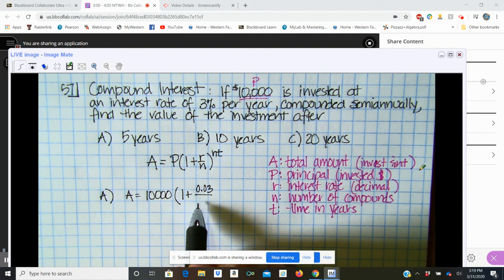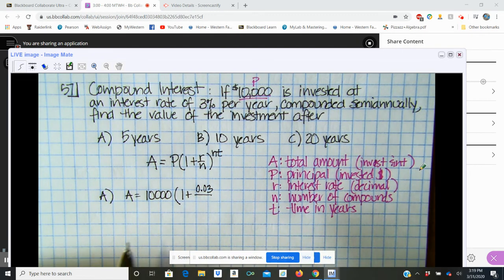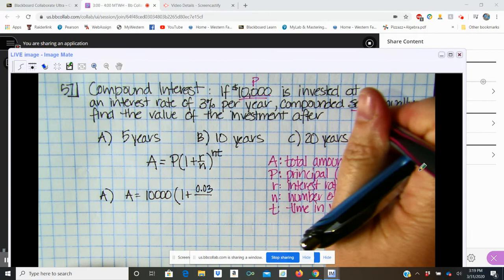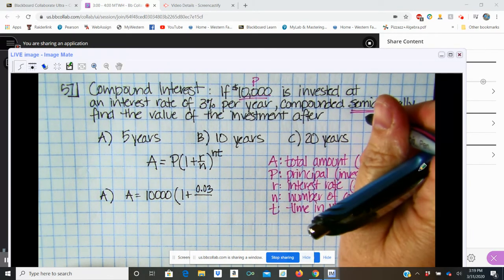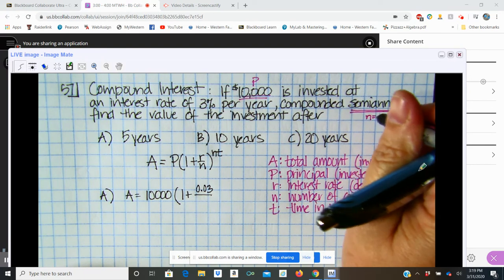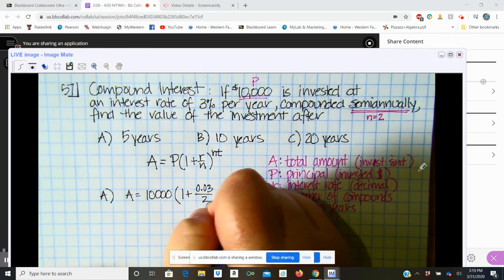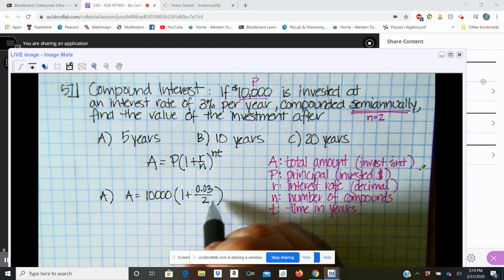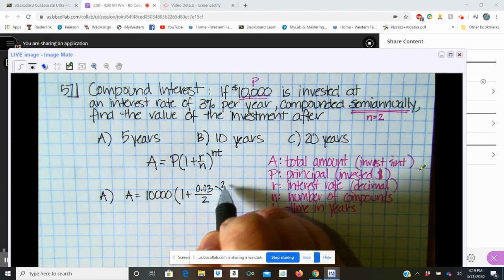The number of compounds is the number of times in a year it's compounded. This one is semi-annually. Semi-annually is how many times a year? So our N is 2 for this problem. And we're going to take that to the N times T, or 2 times 5 power.